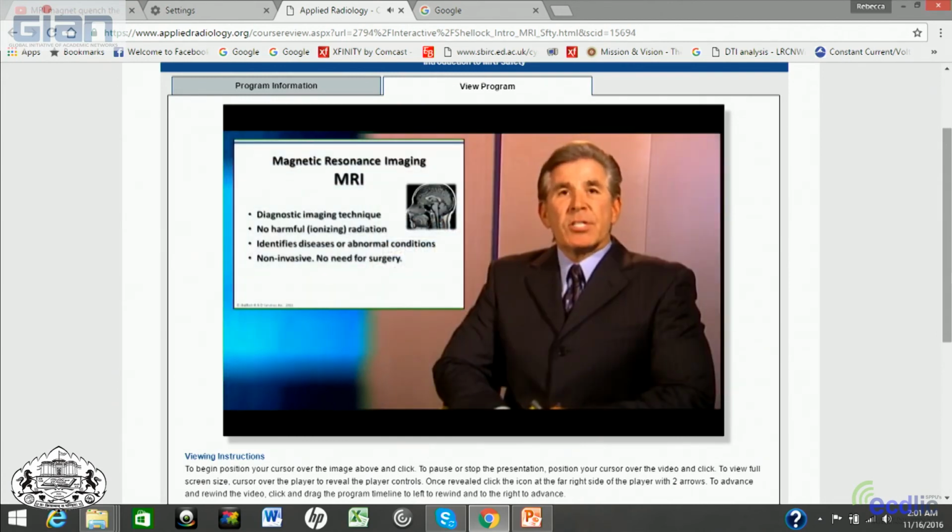Magnetic resonance imaging, or MRI, is a diagnostic imaging technique that produces images of the body without the use of ionizing radiation. The MRI examination requires specialized equipment that includes an extremely powerful, constant, or static magnetic field, rapidly changing local magnetic fields, the use of radio frequency energy, and dedicated equipment, including a powerful computer to create very clear images of the body.